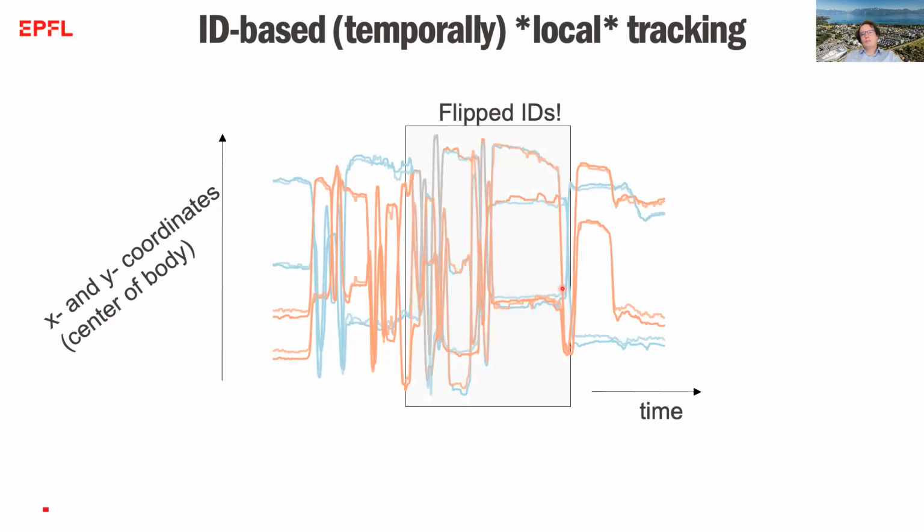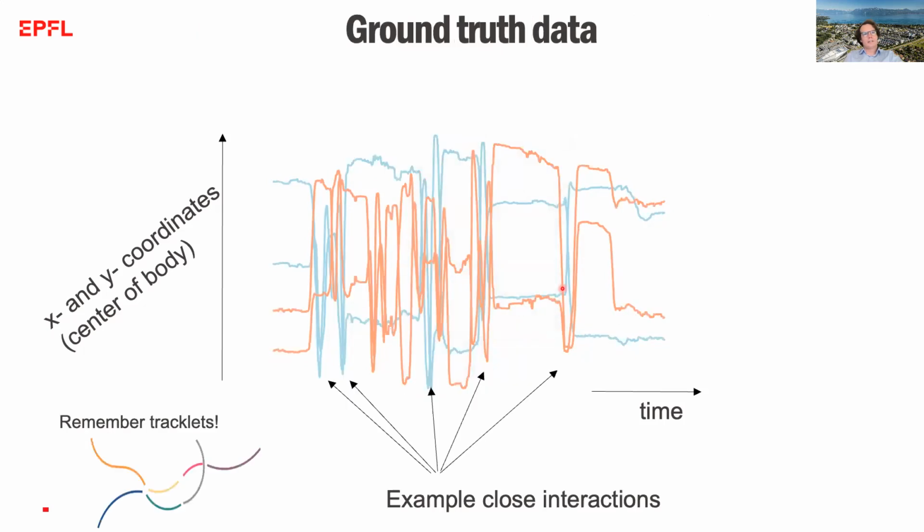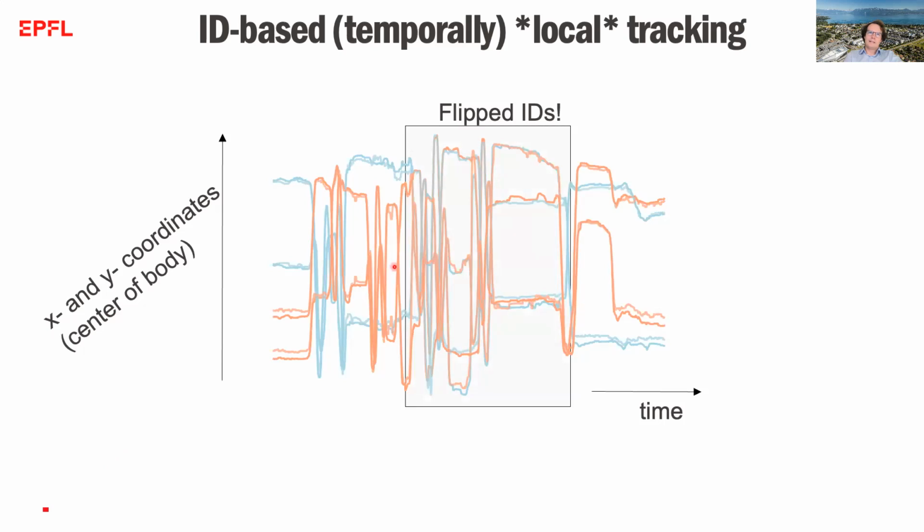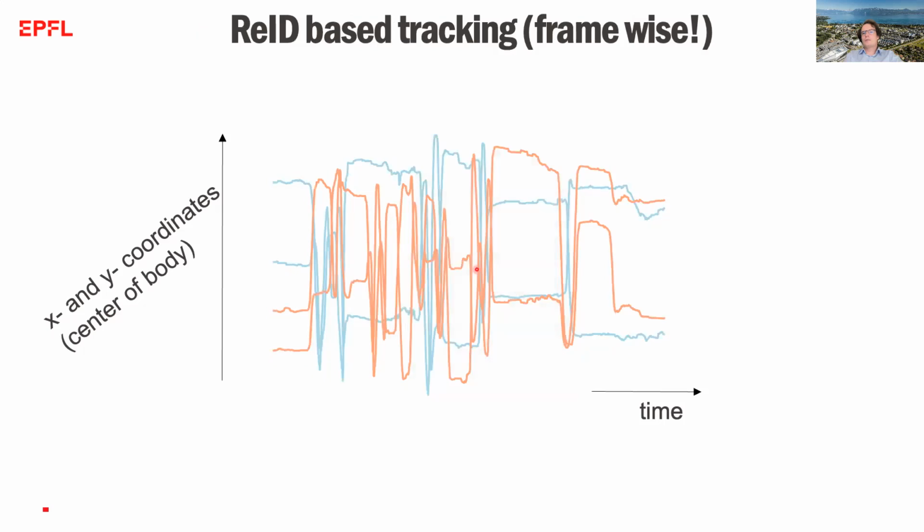But we can, of course, do better, because I was indicating already earlier that we are actually able to predict the identity of a marmoset on a single frame, especially when they're not close to each other, with extremely high accuracy. And therefore, what makes much more sense than basically propagating the identity across your video in a temporal fashion, where you can flip the IDs and then not recover that, because there's no recovery mechanism, is to perform re-ID based tracking, where you track based on identity information.